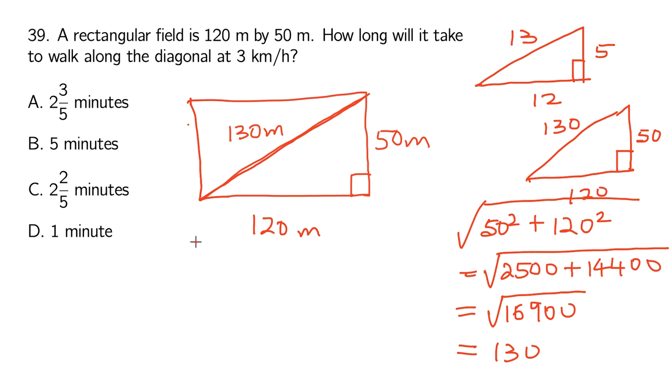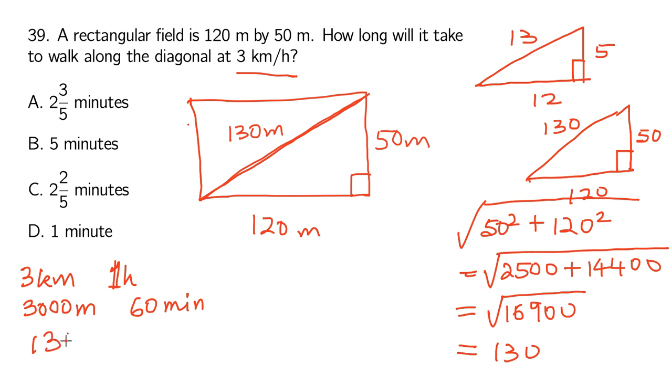Then we now have to find how long it's going to take him to cover this length if he's walking at 3 kilometers per hour. Now 3 km is taking him 1 hour. That means that 3 km, which is the same as 3,000 meters, is going to take 60 minutes. So now, how long will it take him to cover 130 meters?